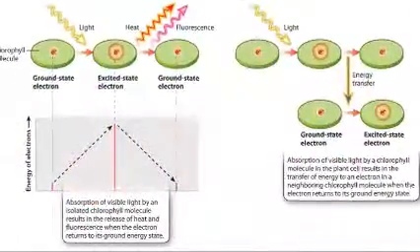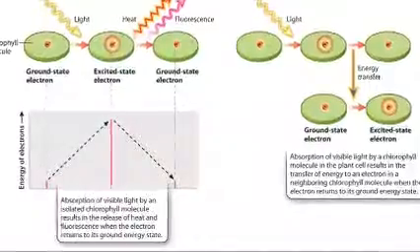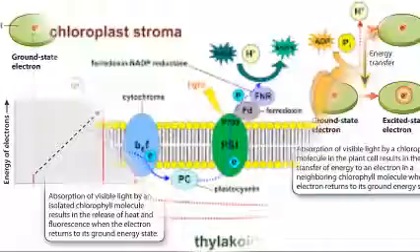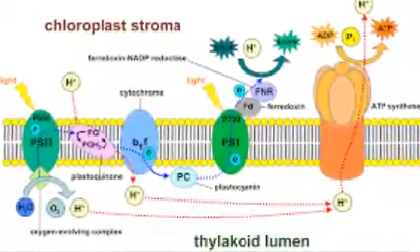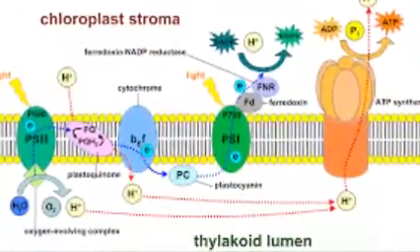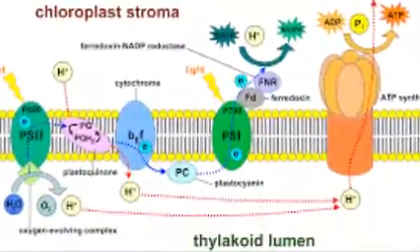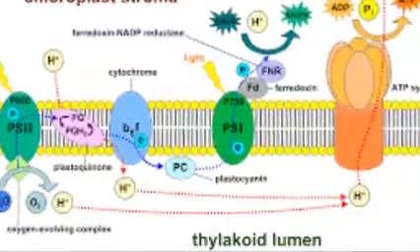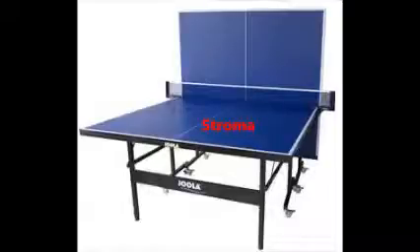The sunlight captured by these photosystems is used to power the movement of an electron through the electron transport chain until it reaches NADPH. Another way to think about this is by considering the electron transport chain to be a net, while the stroma and the lumen are the both sides of a table tennis table.